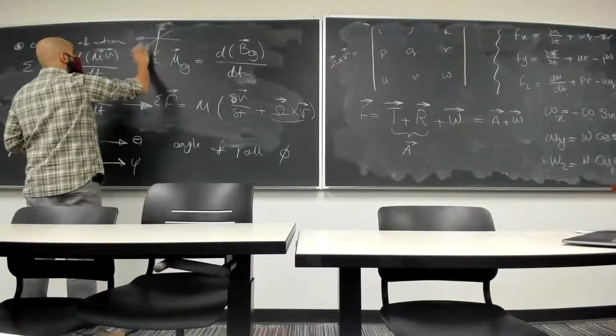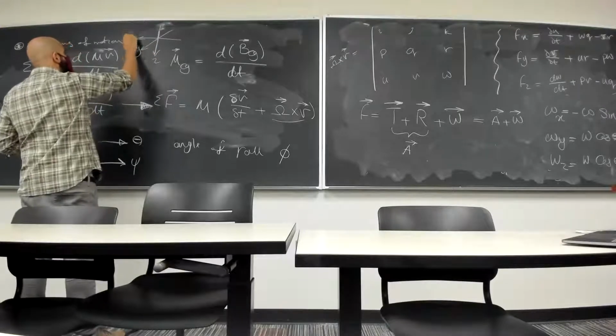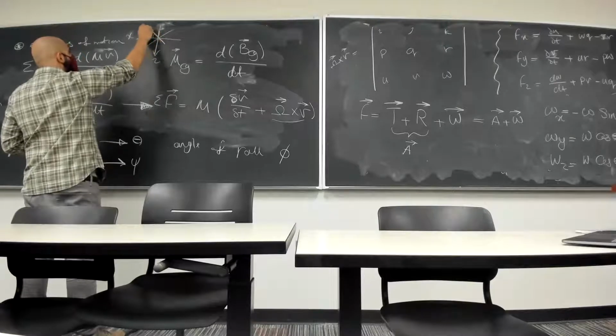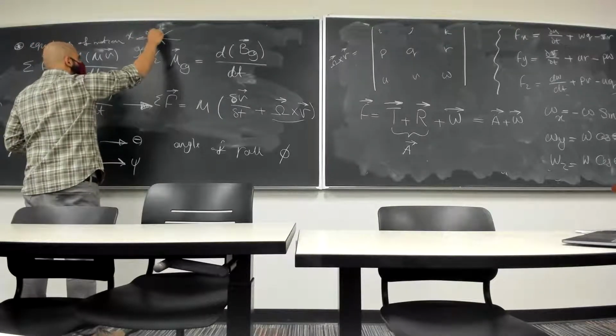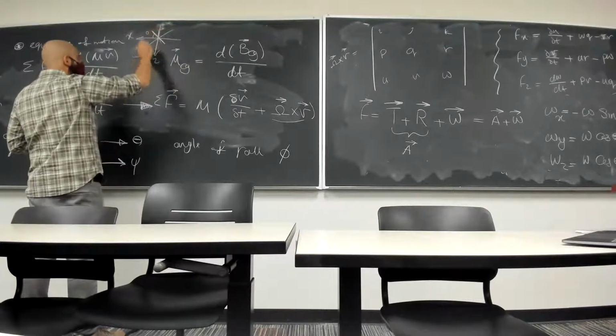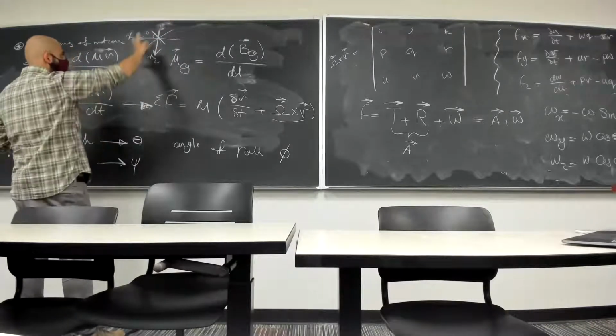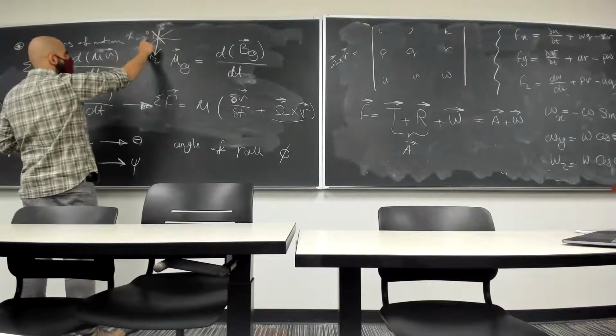Z, Y, X. If you're pitching up, you will have theta. Your weight is going to be in this direction, right? And the frame of reference is going to pitch up as well.